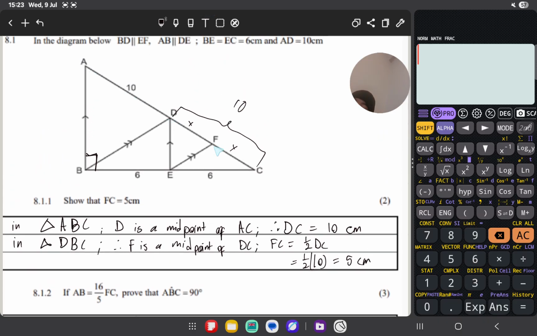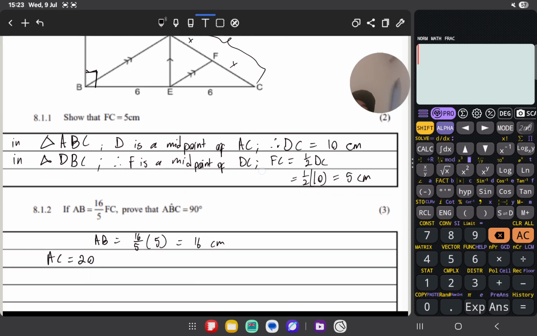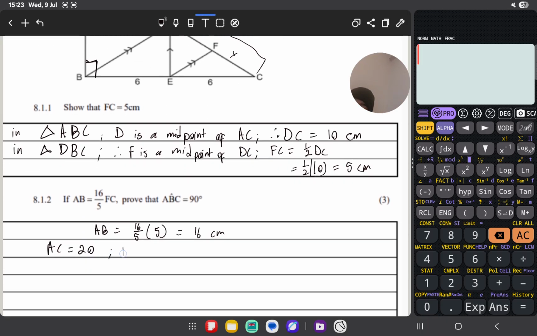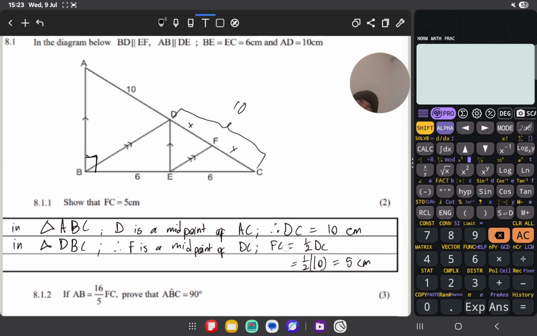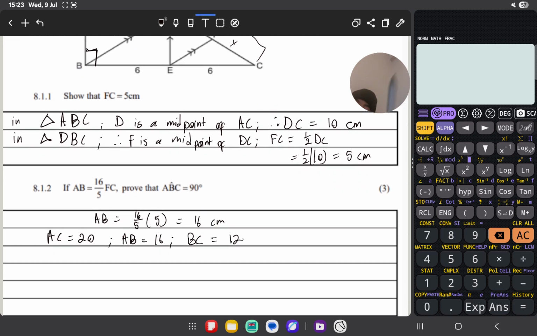We have 10 plus 10, so AC is 20 units. Then we have AB, which is 16 units, and BC, which is 12 units.